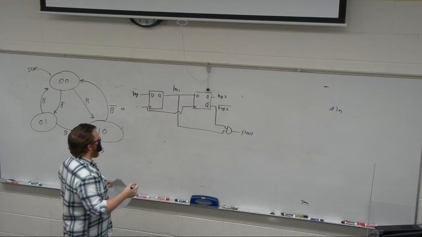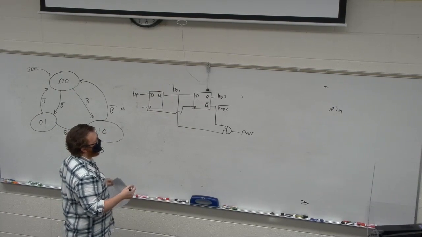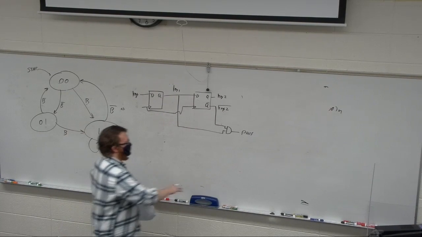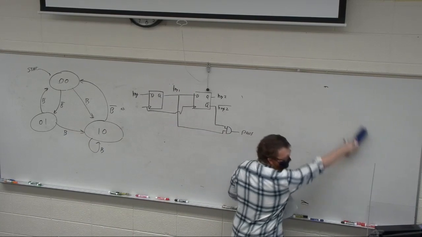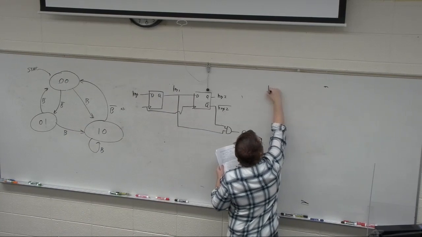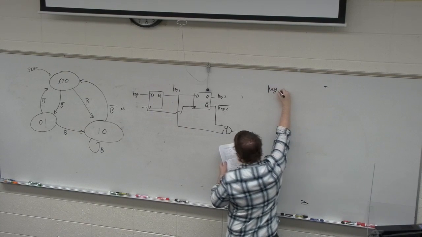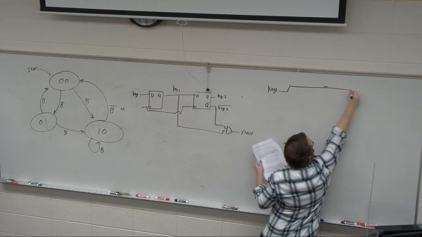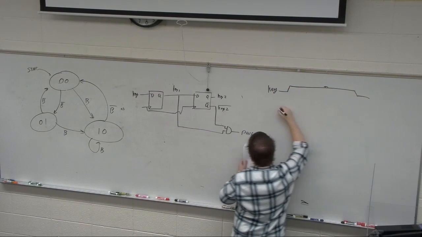So let's look at, I drew myself into a corner here, guys. All right, let's look at some timing diagrams. So key is going to come along, go high, stay high for a long while, and then come back low.